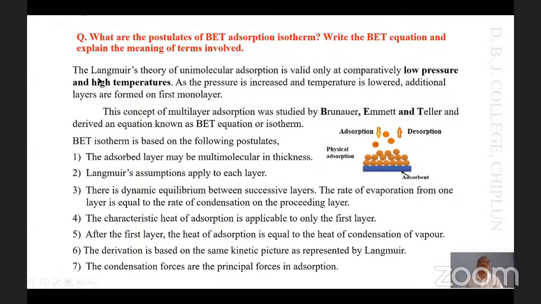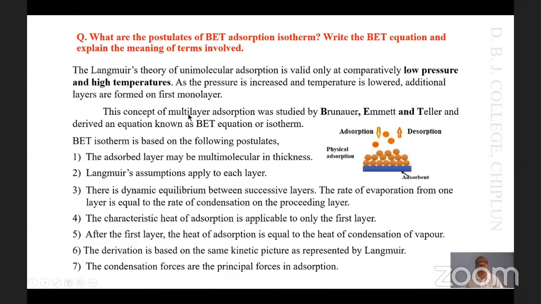We had seen the Langmuir theory of unimolecular adsorption is valid only at comparatively low pressure and high temperature. But as the pressure is increased and temperature is lowered, additional layers are formed onto the surface of the first monolayer.